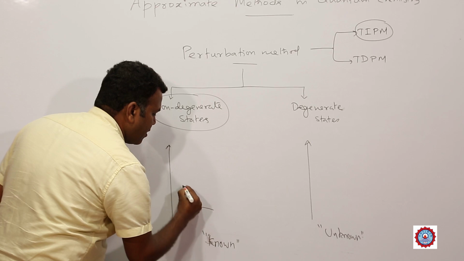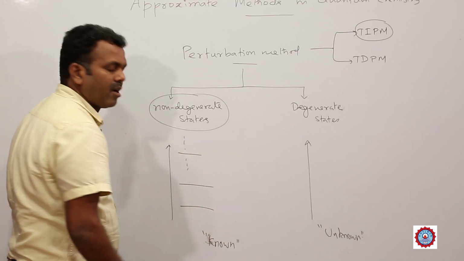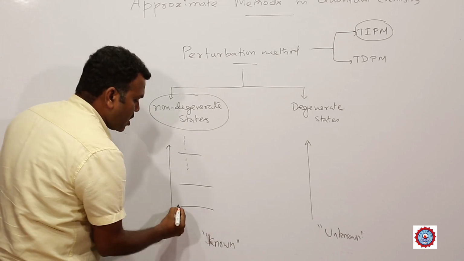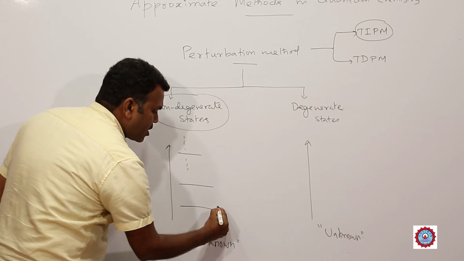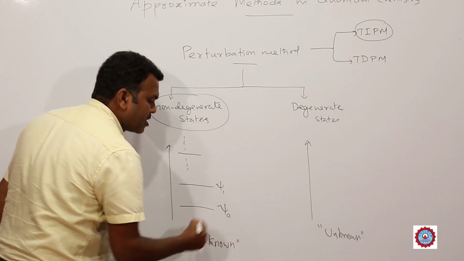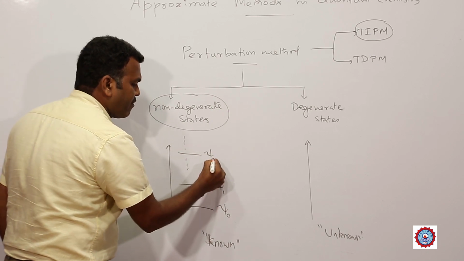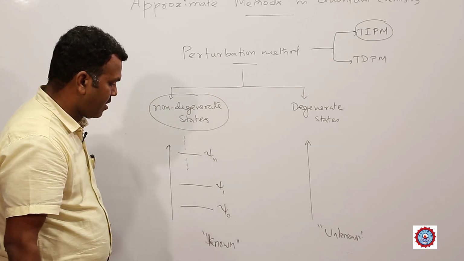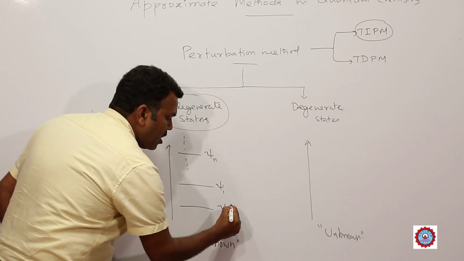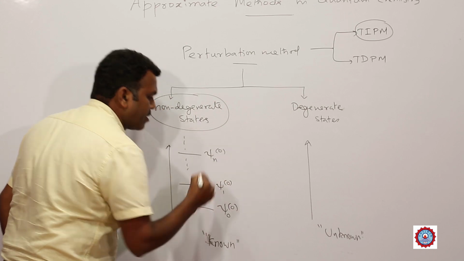Let us take a system containing non-degenerate states. So, this is the ground state. For the ground state, let the wave function be psi naught. For the first excited state, let it be psi 1. Let us consider this as some nth state whose wave function is psi n. Since it is a known system, I will represent the known system with a naught symbol in the superscript.